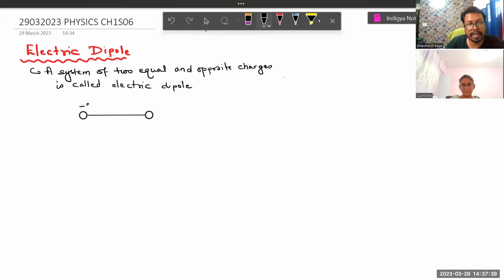So if there is minus Q charge, this is plus Q charge. So the system of two charges, something like this, is called electric dipole. What is the total charge?